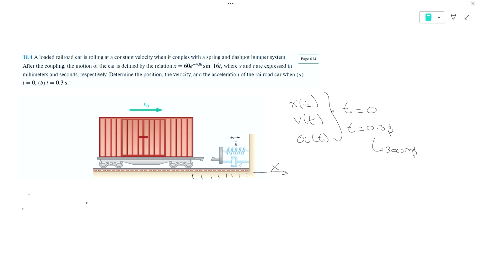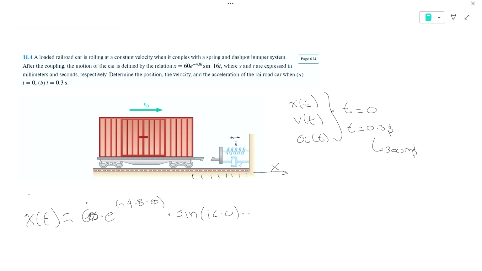All right, so the first thing is pretty simple because we have the function. We have x as a function of t is equal to 60 times e to the negative 4.8 times 0, and all this multiplied by sine of 16 times 0.